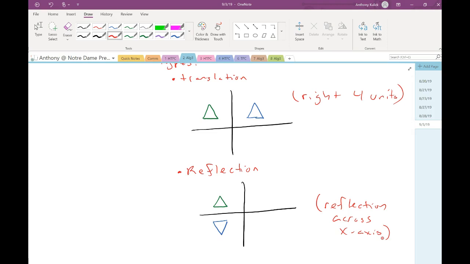Where the shape and the size have stayed the same, but the location has changed and possibly the orientation changed as well, right? Notice my triangle is pointing down after the reflection. So the direction could have changed as well. Everybody kind of remember that one? Okay.